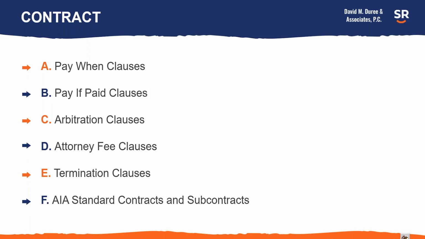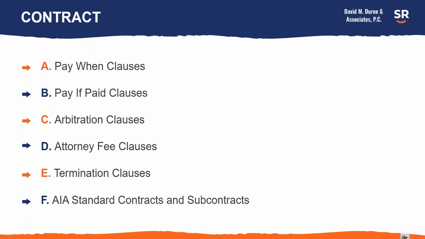The first is pay when paid clauses and pay if paid clauses, which means that the general contractor is obligated to pay the subs and suppliers only if the general contractor gets paid by the owner. And when the general contractor gets paid by the owner, the pay when clauses are usually interpreted to mean a reasonable amount of time to pay the subcontractor, even if the general contractor never gets paid by the owner.